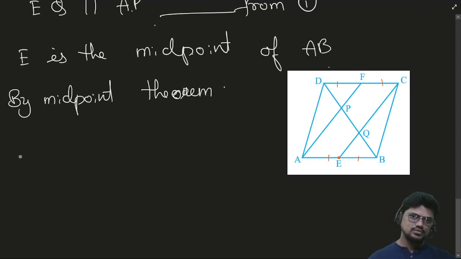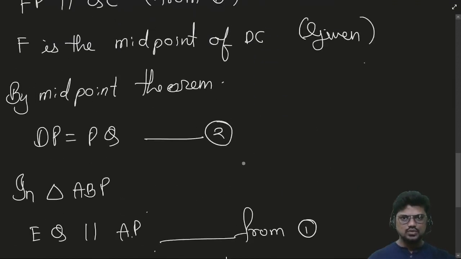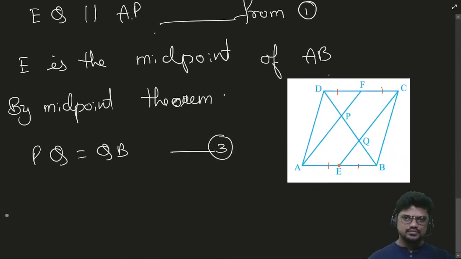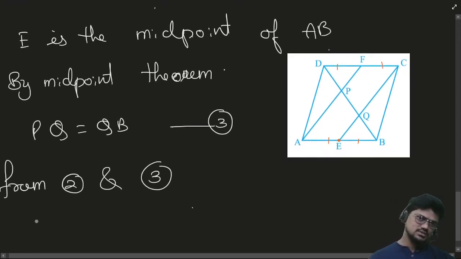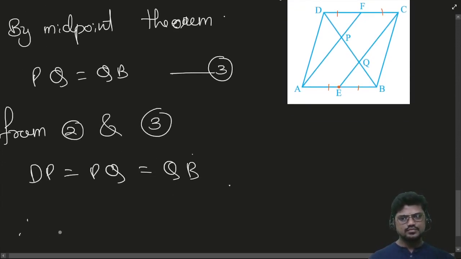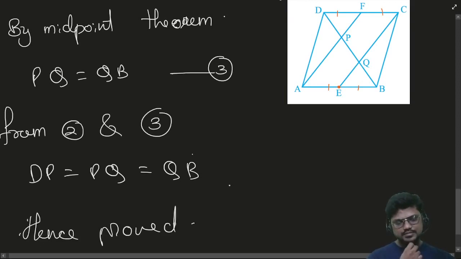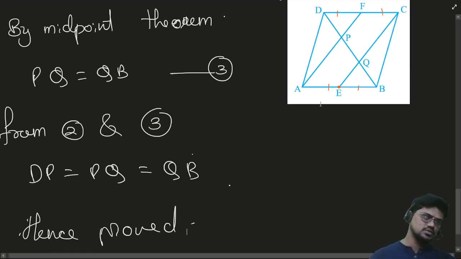Therefore, PQ equals QB. Let's say this is 3. So from 2 and 3, what do I get? DP is equal to PQ is equal to QB. Therefore, hence proved. Is that clear? It means this line is trisecting the single line.